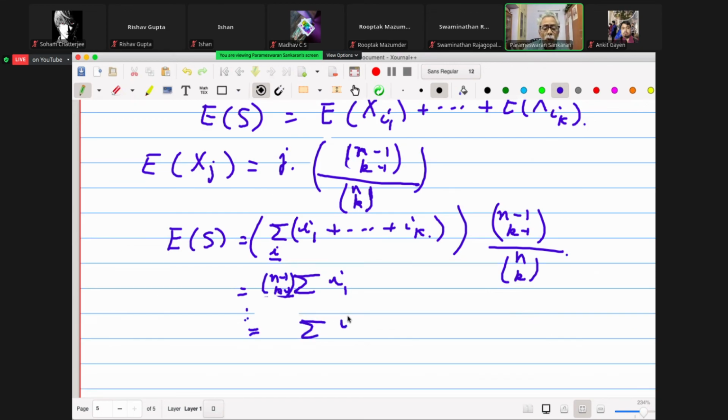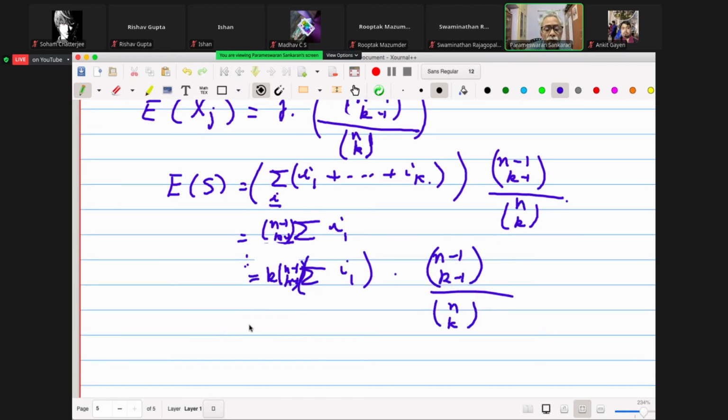So sum over I1, k times n minus 1 choose k minus 1, and here this I1 can be anything from 1 to n, and times this probability, n choose k. You try to complete this. So you see, you get k times this sum over all possible numbers 1 up to n, that is n times n plus 1 by 2.